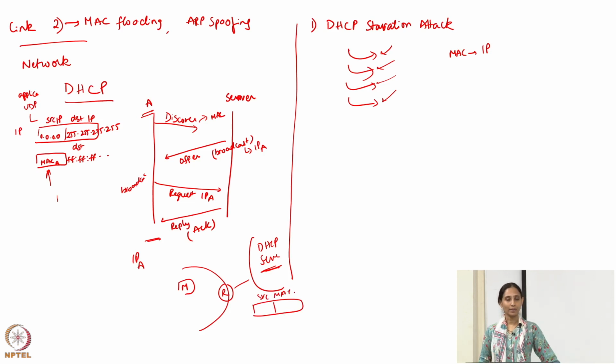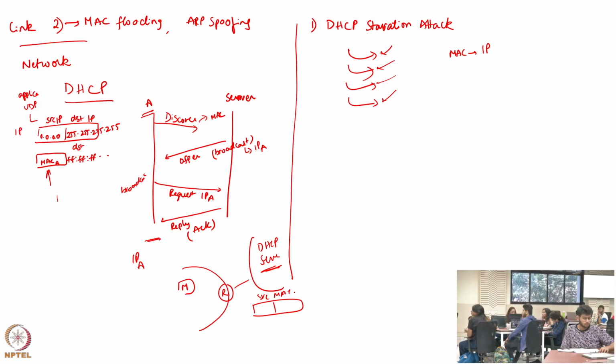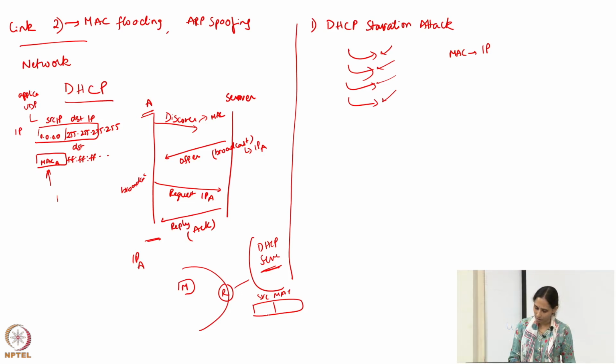Will it be Mallory's? Whose address will it be? The router's. Basically, this router is the one that is interconnecting, so this will become the router's address. No matter how many MAC addresses this guy uses, they'll all get translated into one. So the DHCP server is no longer able to see the MAC address.